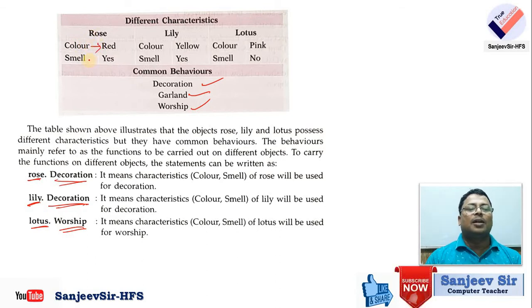Rose may be the color red with a smell, lily may be the color yellow, and lotus may be the color pink. That means object data values will vary, but the data members will be the same. That means the properties will be the same, and the behavior will be the same, but the data values of those properties will be different.